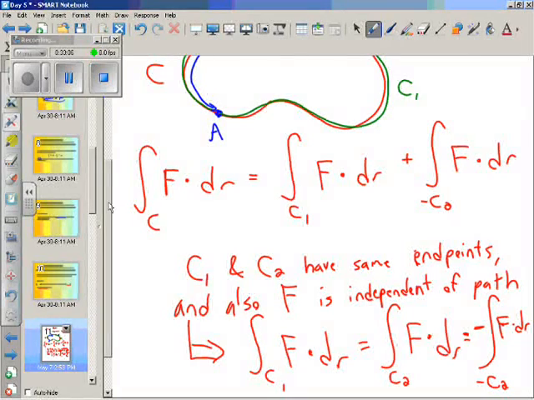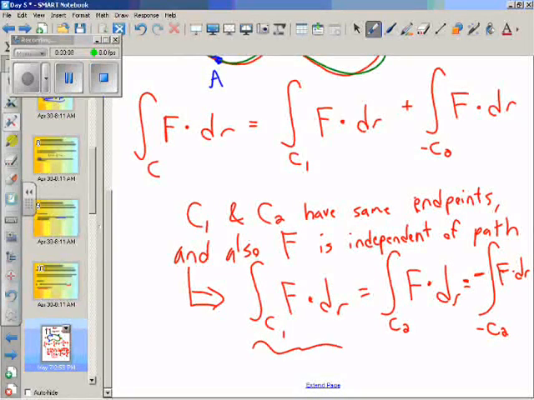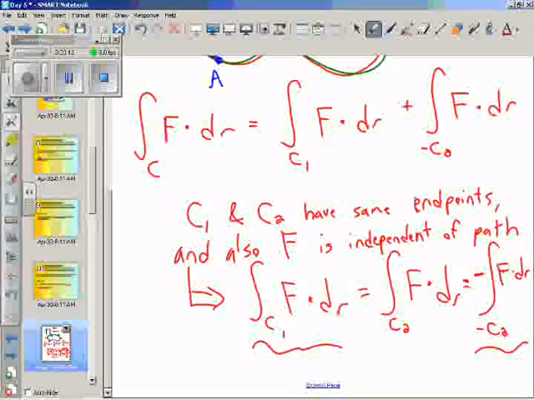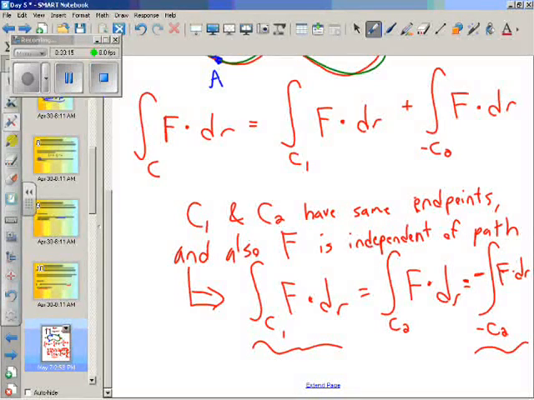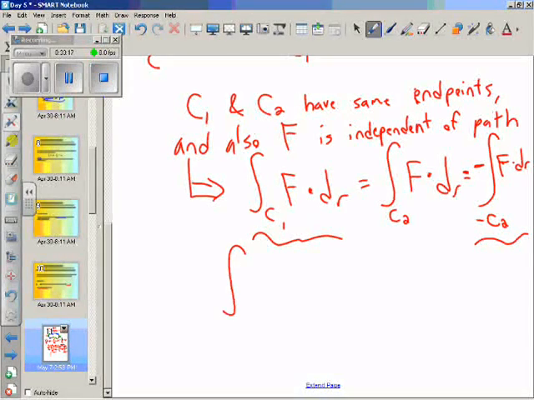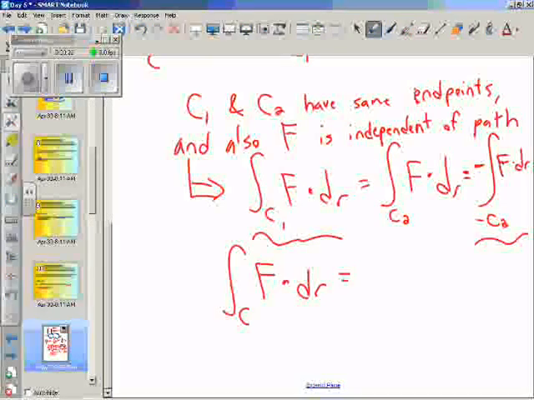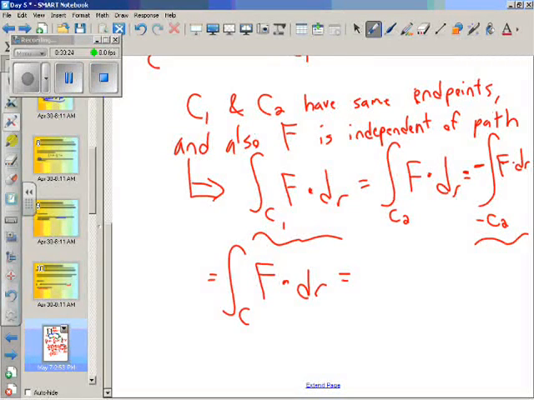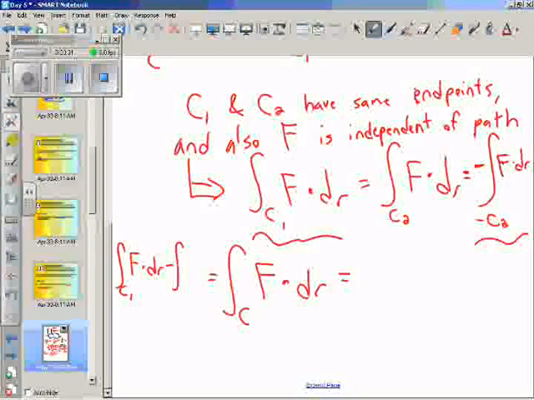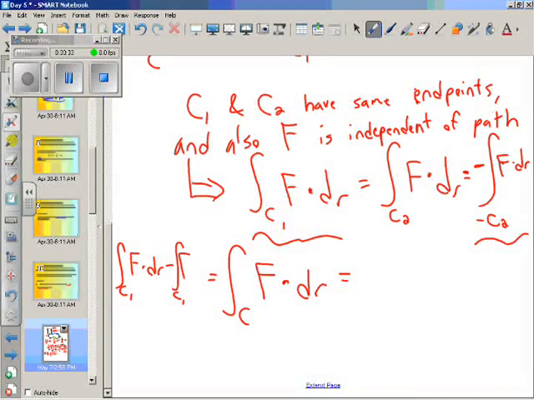And so being that these two are opposites, they're negatives of each other, that tells us that the integral over the whole thing, when we add those two up, is going to be equal to the integral over C1 of f dr minus the integral over C1 of f dr, because those are opposites, and so that's just going to be 0.